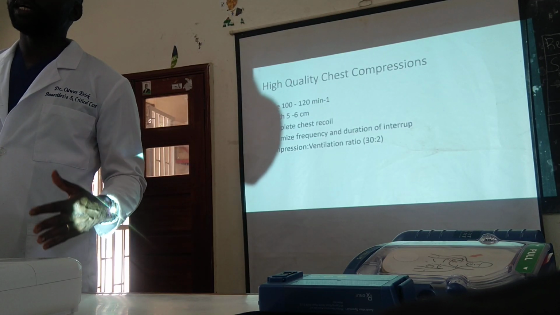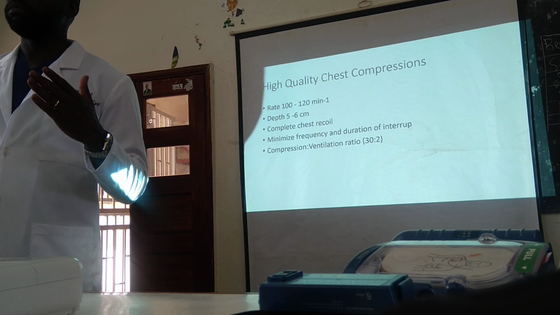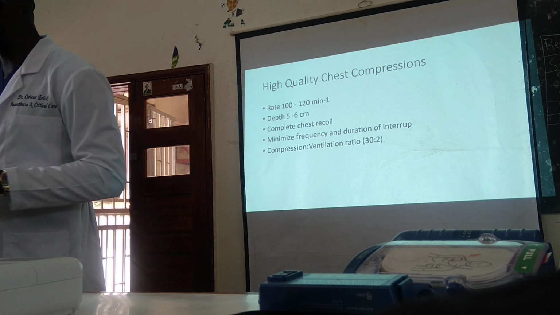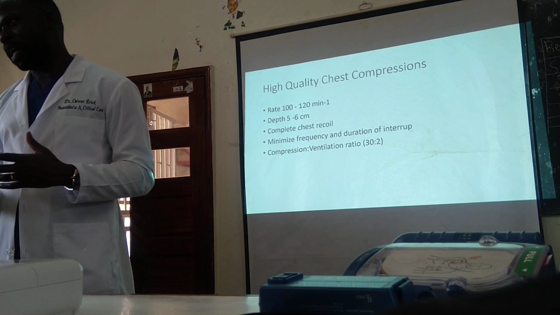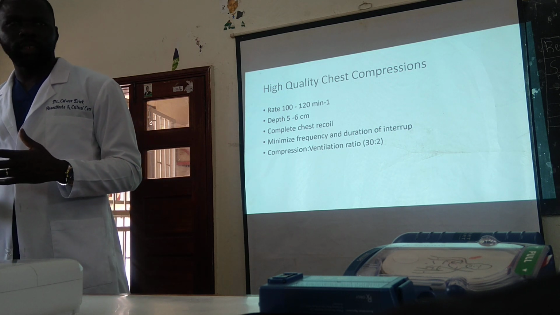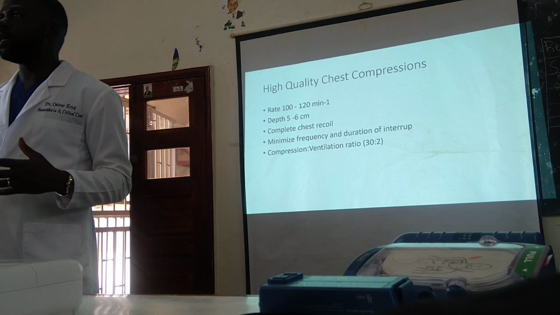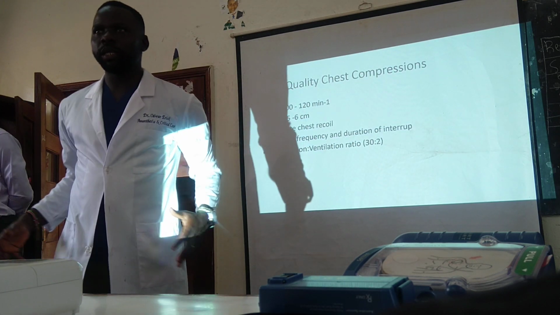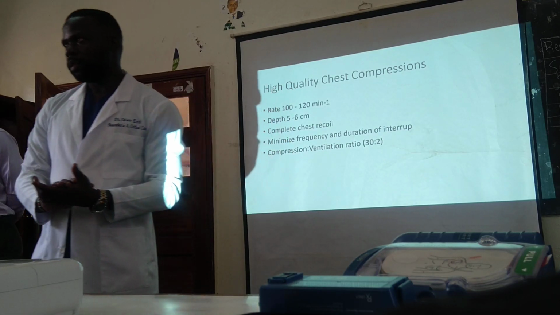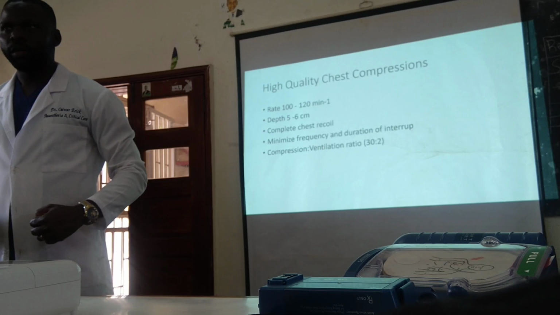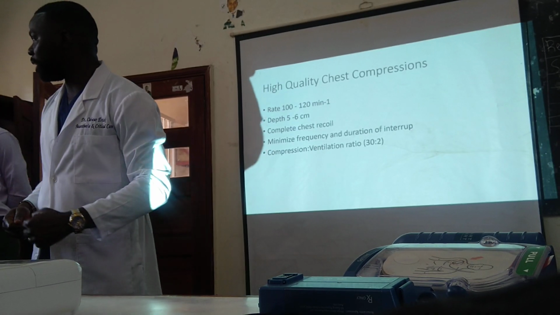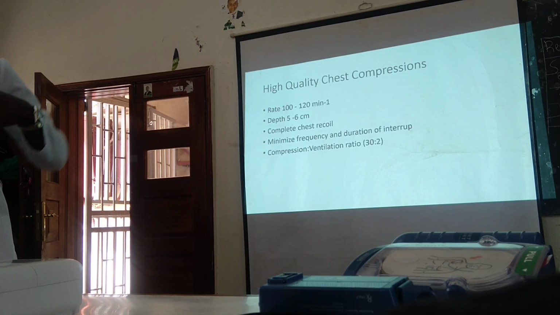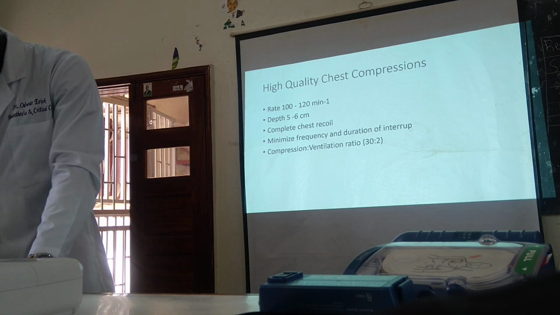There are some people you look at, they look like 25 years, but in reality they are about 12 or 11 years. Children who physically appear so big but age-wise are children. Those, you treat them as adults in cardiac arrest, 30 to 2, because their body mass is quite big.